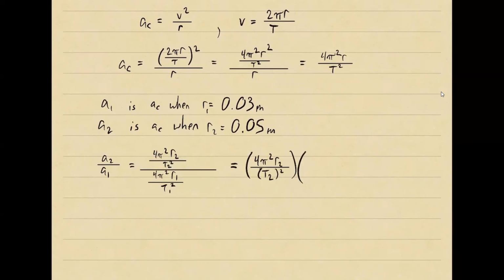So all this becomes this first bit multiplied by T1 squared, now flipping the denominator, T1 squared over 4 pi squared times R1. In this case, the 4's cancel out, the pi squareds cancel out, and the T squareds cancel out.